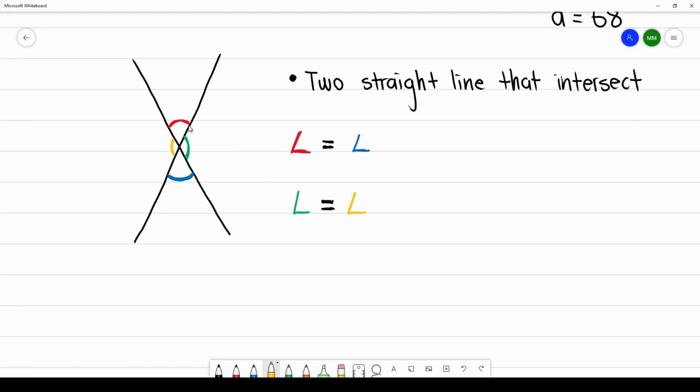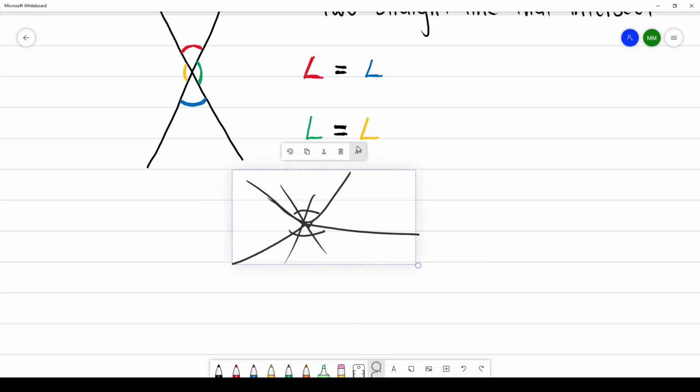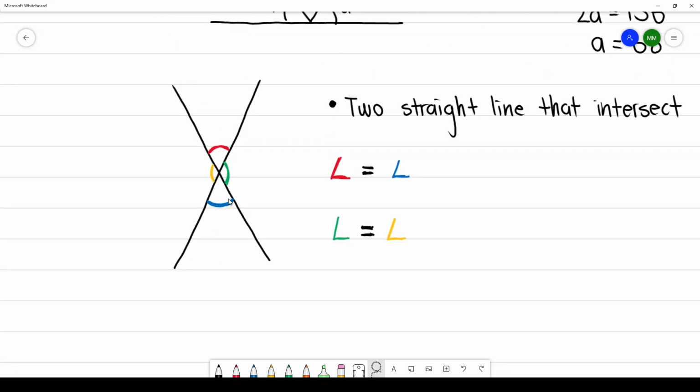But I'm just telling you right now that when you have two straight lines that intersect, so straight lines, okay? Something like this doesn't work. Like this angle, these two angles are not equal. It has to be two straight lines that intersect, okay? Then the opposite angles are equal.